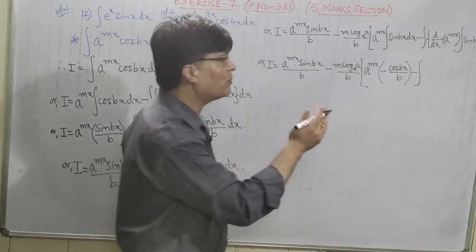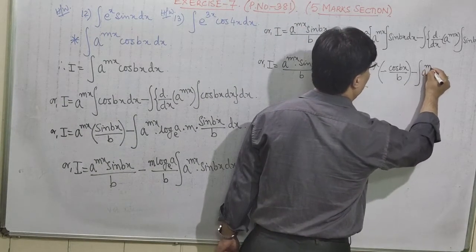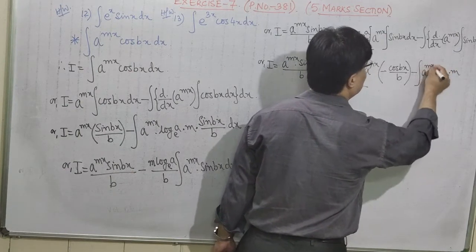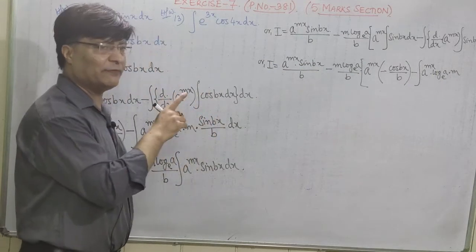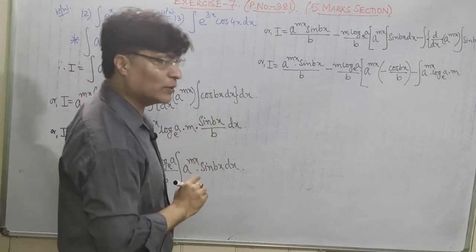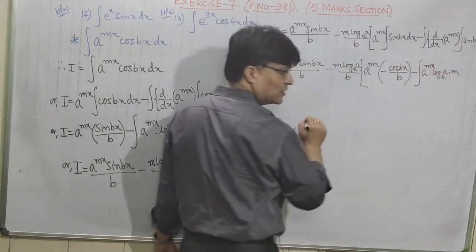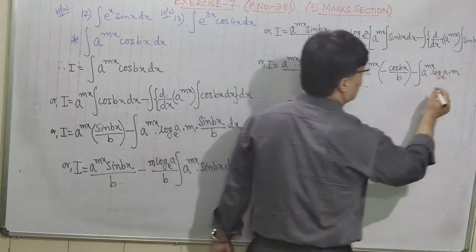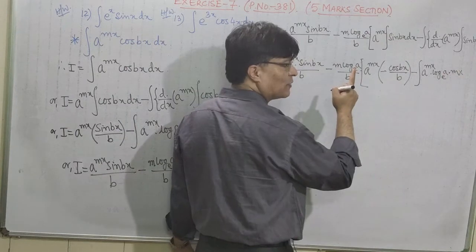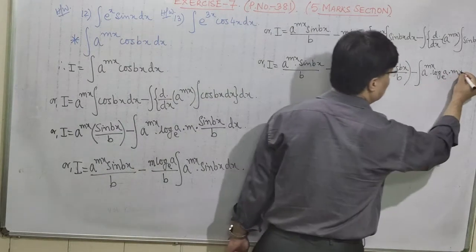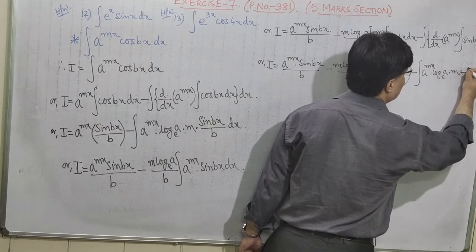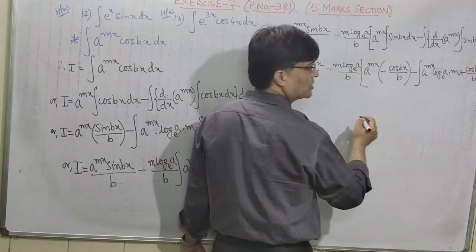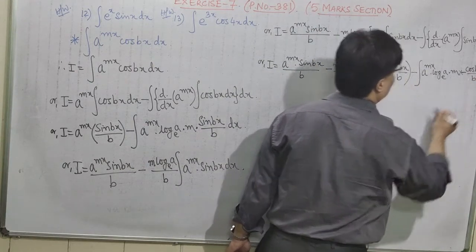What is dy/dx of a to the power mx? It will be a to the power mx into log a base e into m, since the differentiation of mx with respect to x is m. Now what is the integration of sin bx dx? It is minus cos bx divided by b, then dx, right? So here the third bracket is closed.